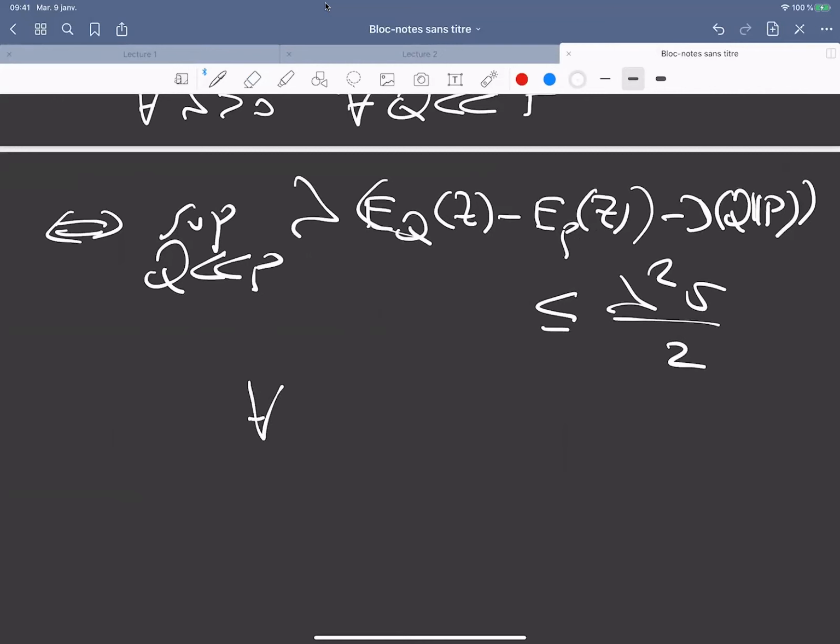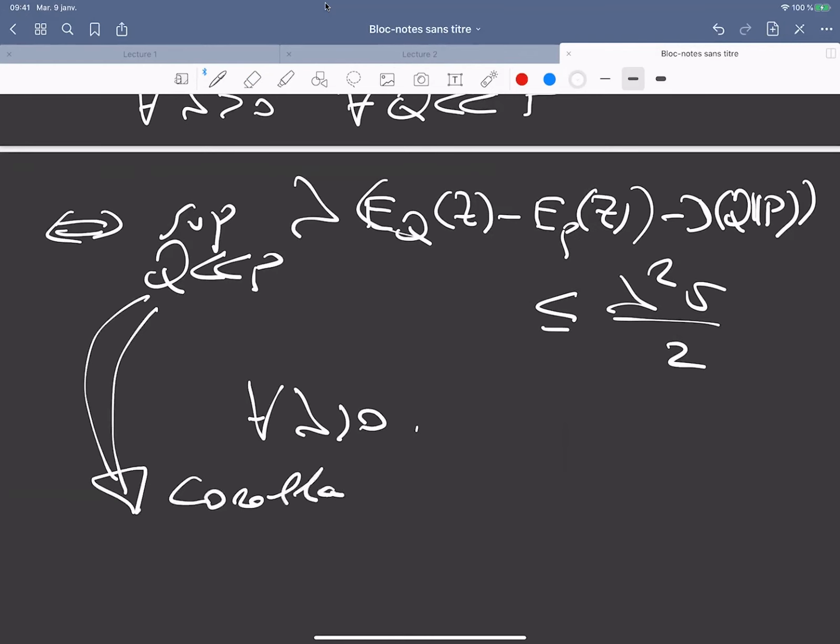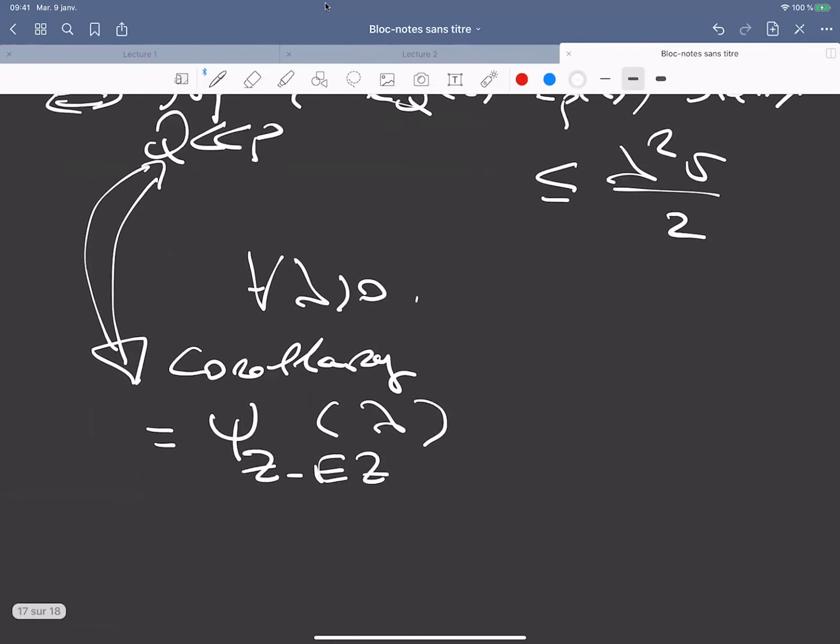And this has to be true for all lambda. And now you use the corollary to say that this guy here is equal to the log of the moment generating function of Z minus expectation of Z.